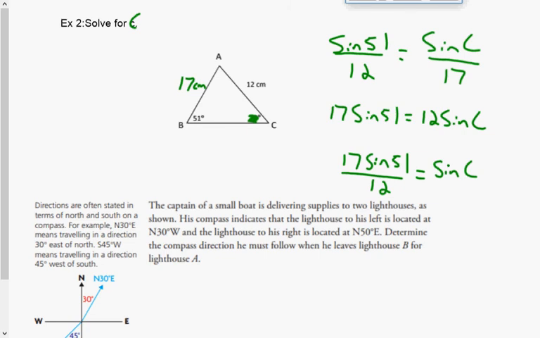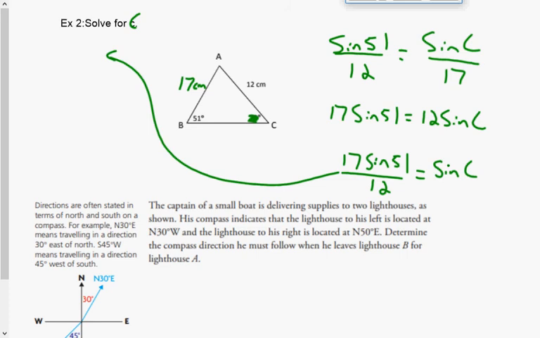If you look here, once we divide by 12, see how I have 12 on the bottom again? After a while, you'll figure out that you don't need to always cross multiply everything. If I've got to get C by itself, why would I bring this over just to bring it back, right? But you'll get there. That's just something you can be aware of, okay? So now, I'm running out of room, so I'm going to write everything over here.